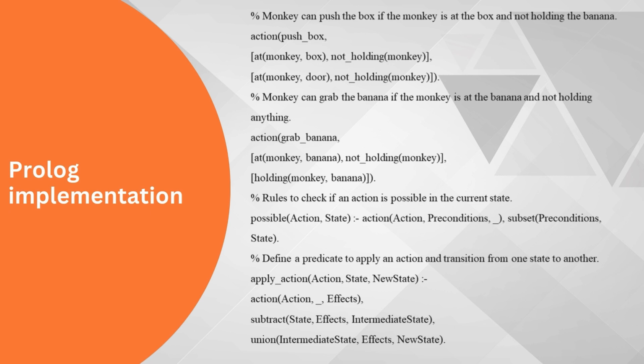So, action is grab banana, at monkey, comma, banana, comma, not holding monkey, holding monkey, comma, banana, then full stop. Rules to check if an action is possible in the current state: possible action, comma, state, which implies action, action, comma, preconditions, subset, precondition, comma, state.